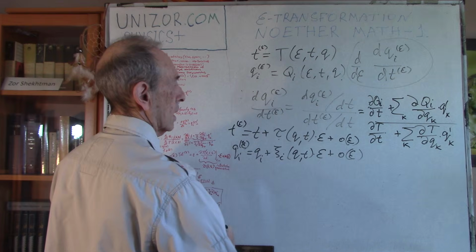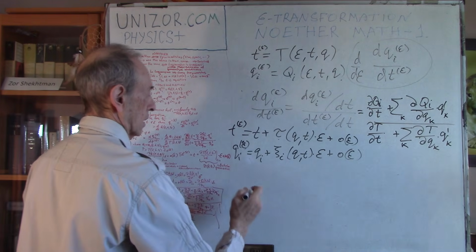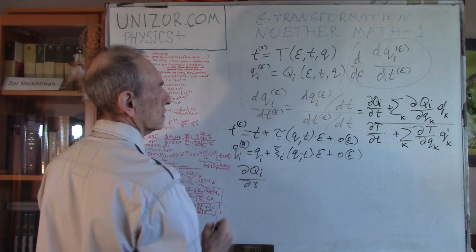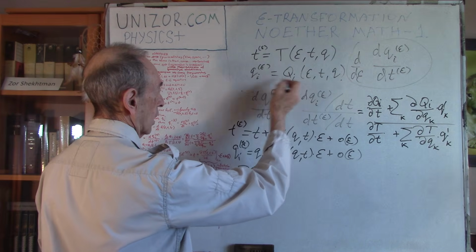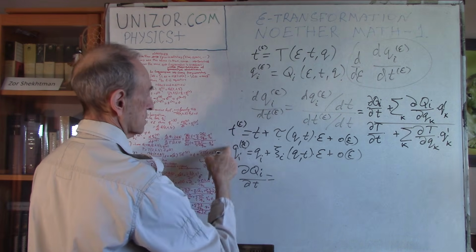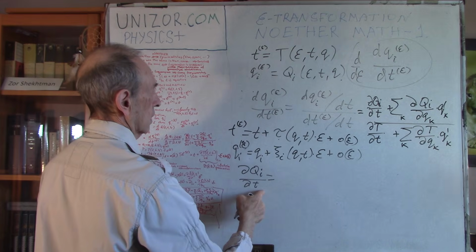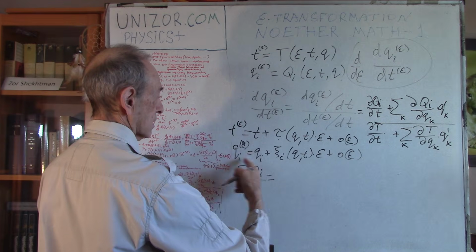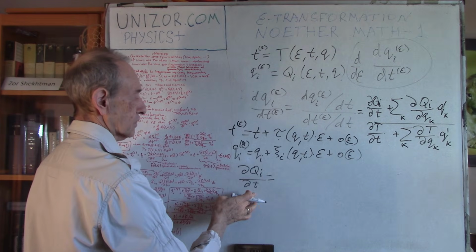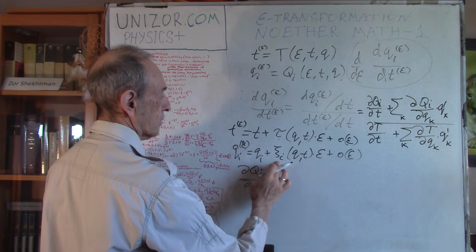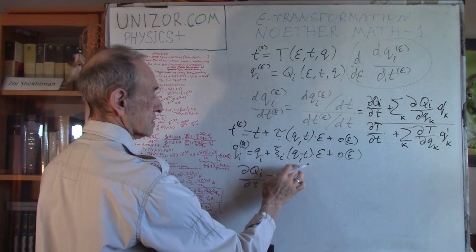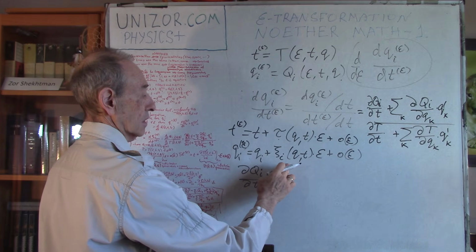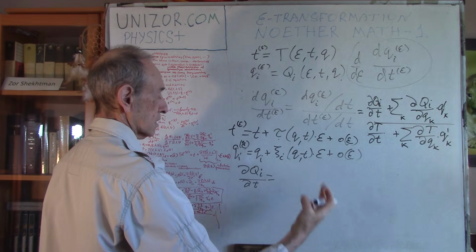Because now dqi by dt, now qi is this, right? Now, to differentiate it by dt is kind of easy, because it's a partial differentiation by dt. So the only thing which is depending on time is our generator of coordinate transformation.